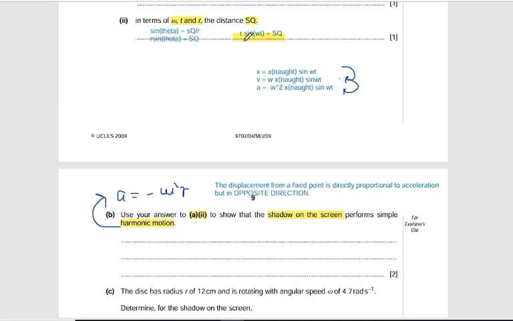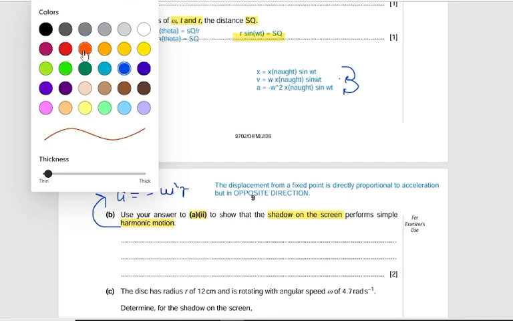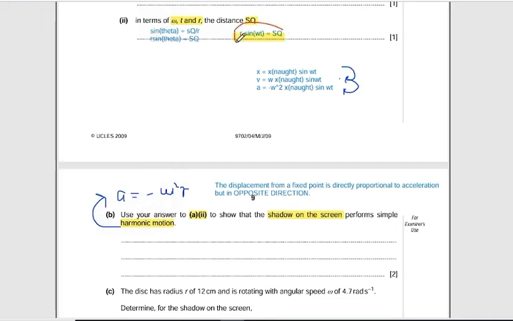Now we can see that this equation right here is the same as this equation right here. We have sine omega t, we have x naught, which is r here, SQ is equal to x. So we can say that the equation in A2 is the solution to the equation of simple harmonic motion, which is a is equal to minus omega square x.